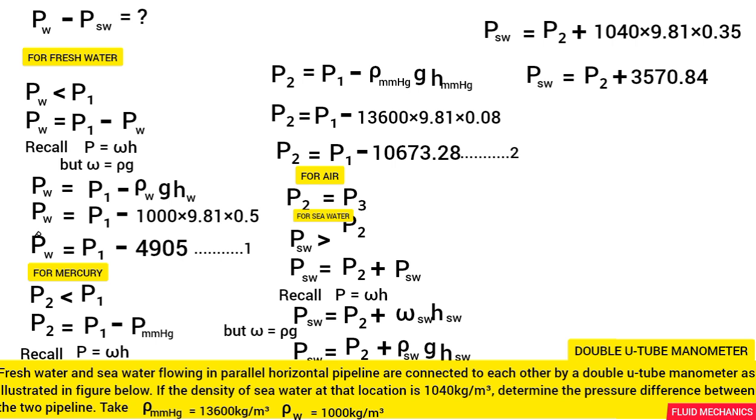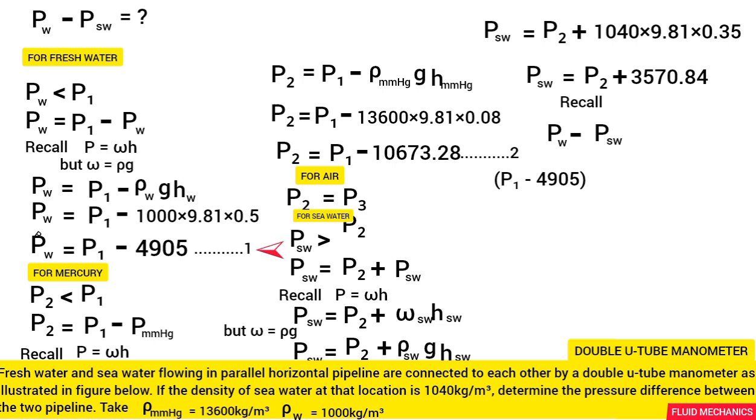The next thing, recall the pressure of the freshwater minus the pressure of the seawater. Anywhere you see the pressure of the freshwater, we know from equation 1 it is given as P1 minus 4905.